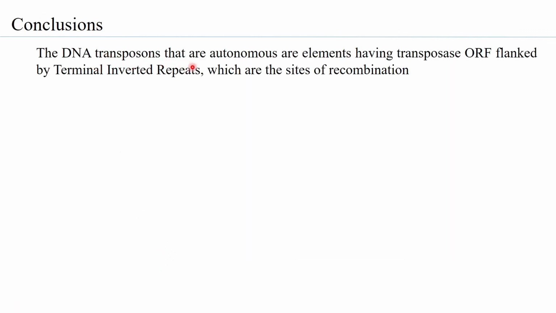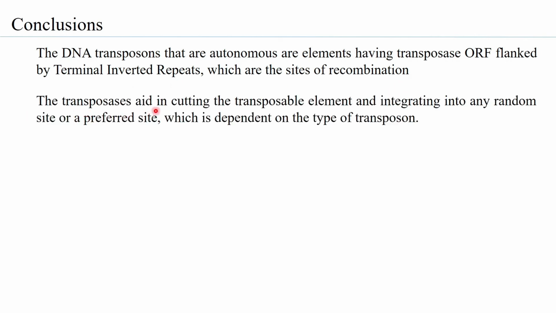The DNA transposons that are autonomous are elements having a transposase ORF flanked by terminal inverted repeats, which are the sites of recombination. The transposases aid in cutting the transposable element and also integrating it either at a random site or at a preferred site, and that is dependent on the type of transposon.